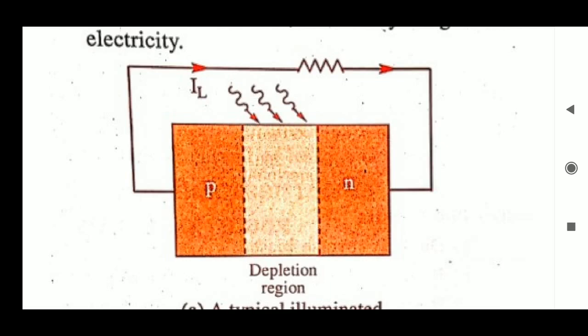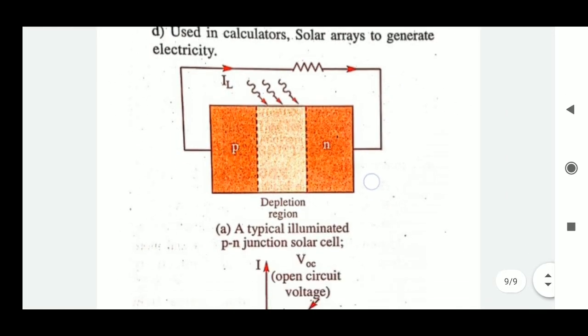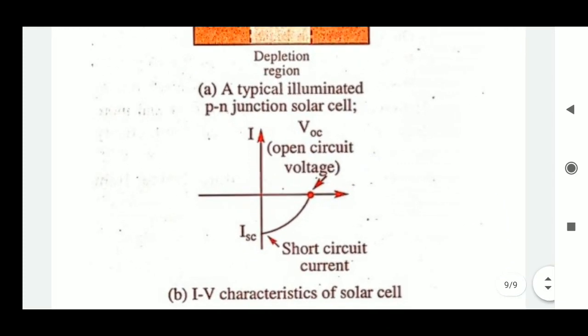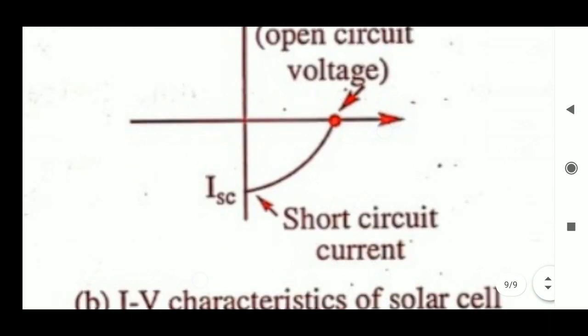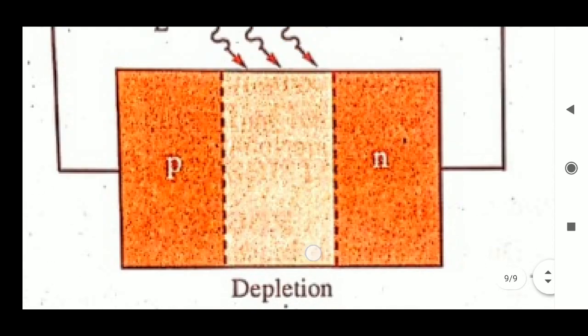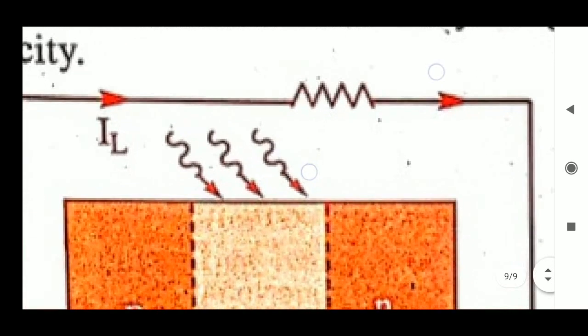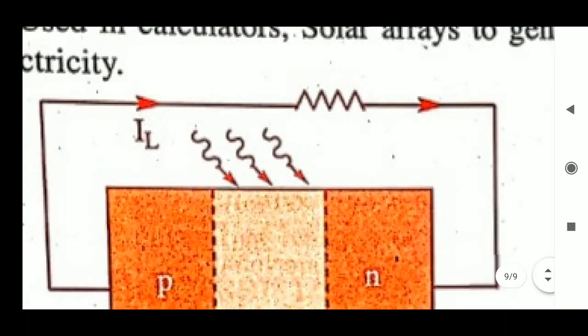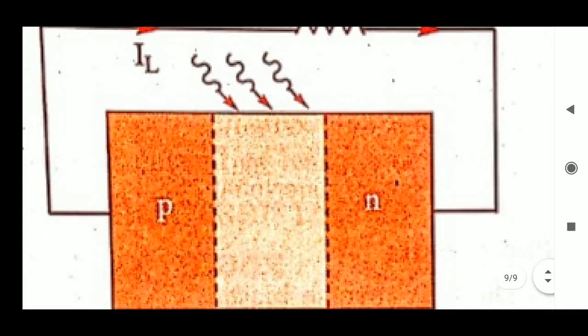Suppose this resistance is zero, that means short circuit, then a huge current is flowing. That current is called I short circuit. The potential is zero, because short circuit means potential across the diode is zero. Suppose you increase the resistance R across the diode, then what happens? Current decreases and potential across the diode increases.